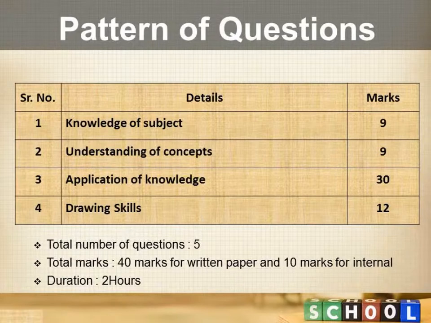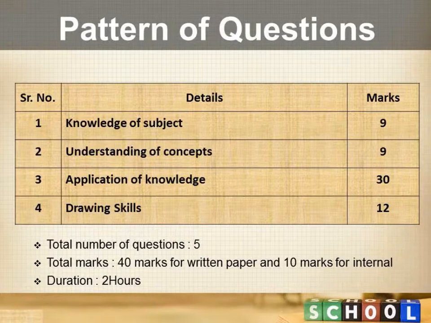And the drawing skill carries 12 marks. That is your geometric construction. And even there are problems where it is asked only in the form of words, but after that you have to draw the figure and then analyze the figure and then solve the sum. So that all carries 12 marks. So this is how your paper is set.